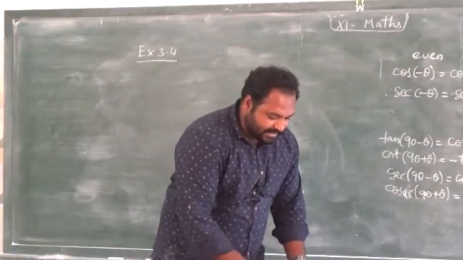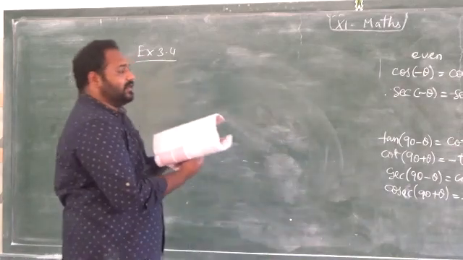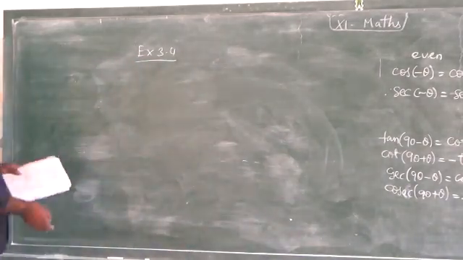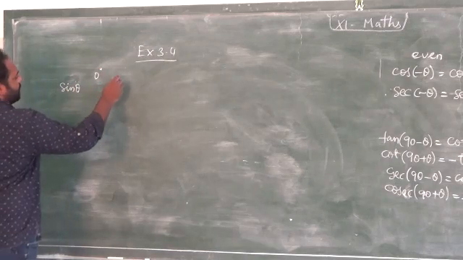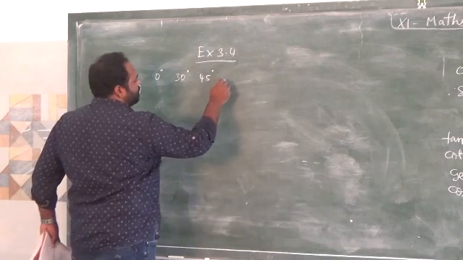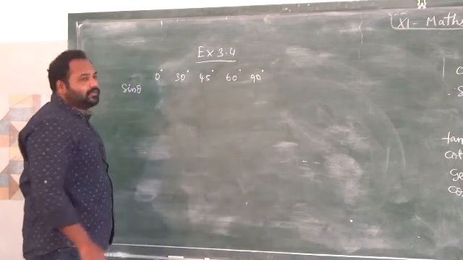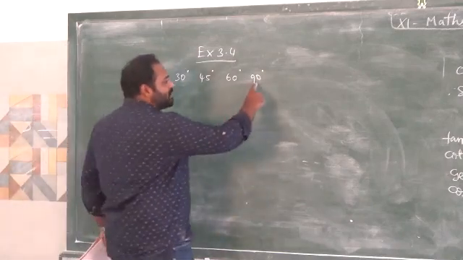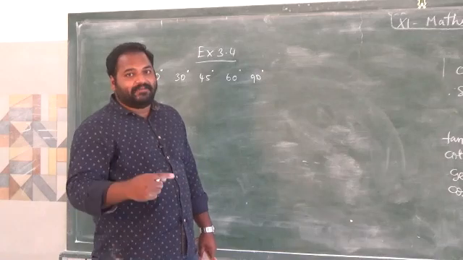Before seeing exercise 3.4, we can write the values of sine, cos and tan, which will be useful: 0 degree, 30 degree, 45 degree, 60 degree and 90 degree. Only up to here we know the values. If you get an angle of more than 90 degrees, how will you find the value?